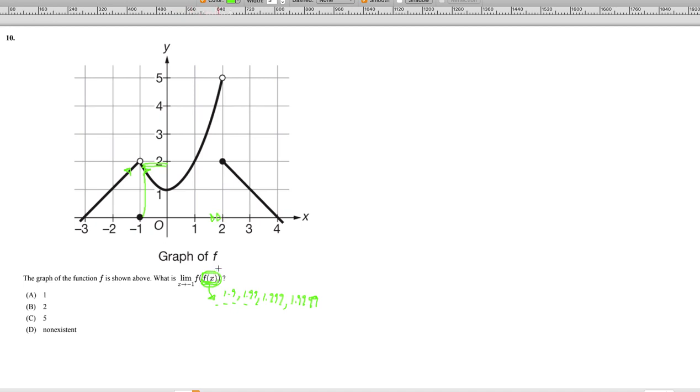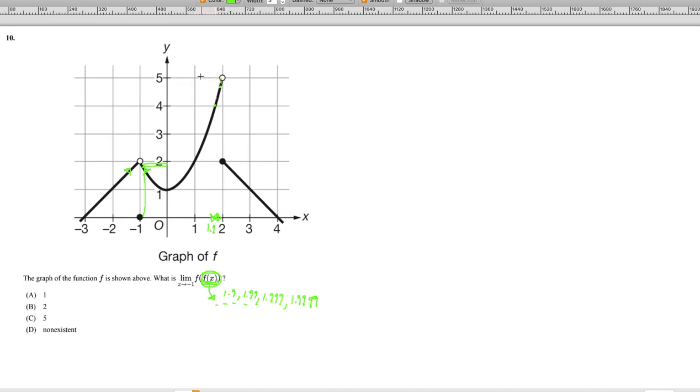So now these values take on the role of x values when I evaluate f of those values. So this is like 1.9 right here. If I go up, it's somewhere over here, and then I do 1.99, and I'm up here. Then I do 1.999, and I'm up here, and then I keep going.